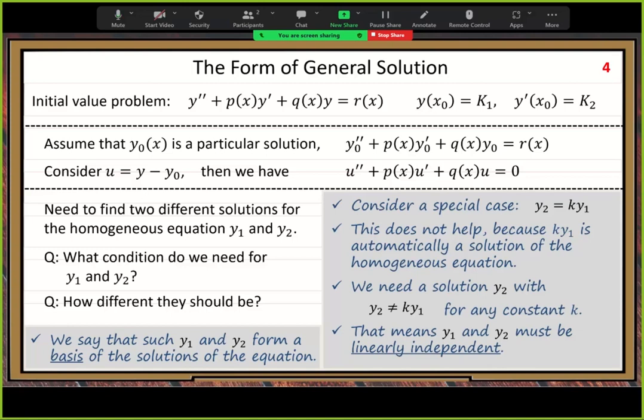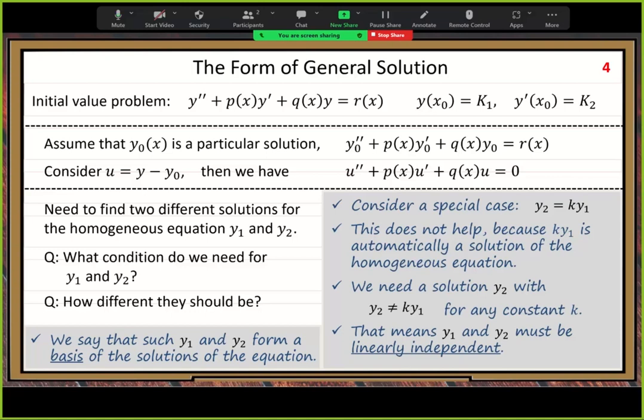Later we will develop a special condition. All right, so here you use this understanding, y2 equal to k multiple of y1. Then, at this point, we introduce the basis concept.